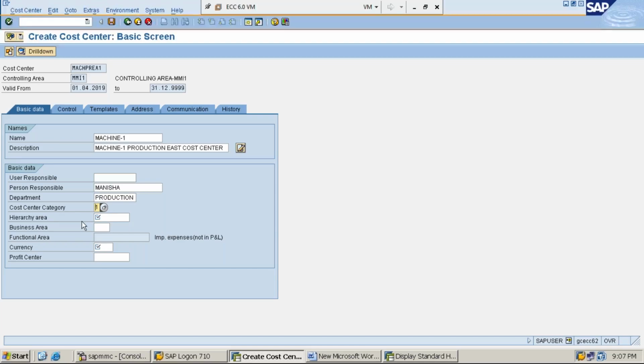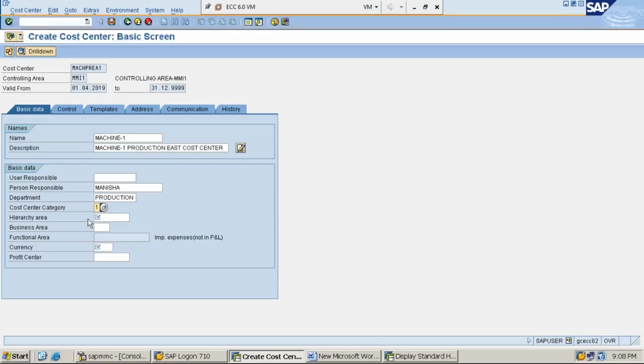The cost center category instructs the system which category this cost center belongs to and which activities it will carry out. Understood?